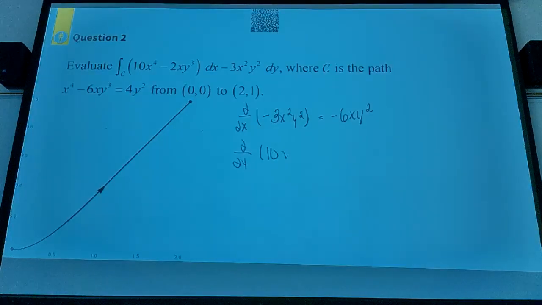Negative 6xy squared. Are they the same? This is path independent. These are called your cross partials.